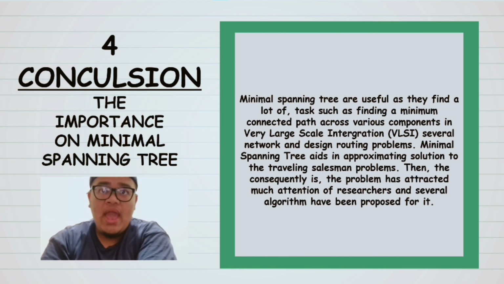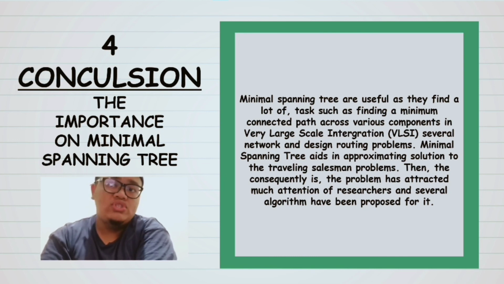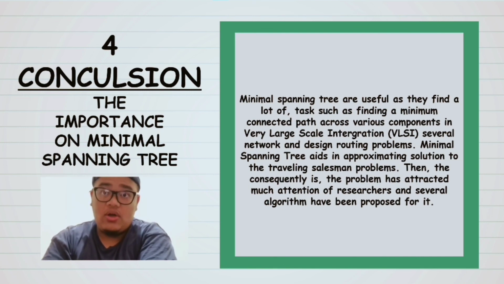Minimal spanning tree aids in approximating solutions to the traveling salesman problem. Consequently, the problem has attracted much attention from researchers and several algorithms have been proposed for it. Okay, that's the conclusion.